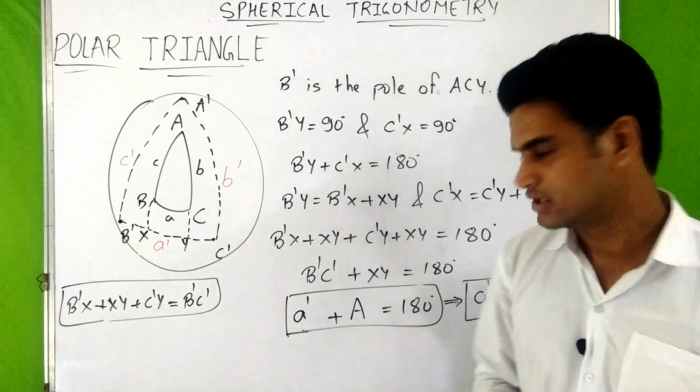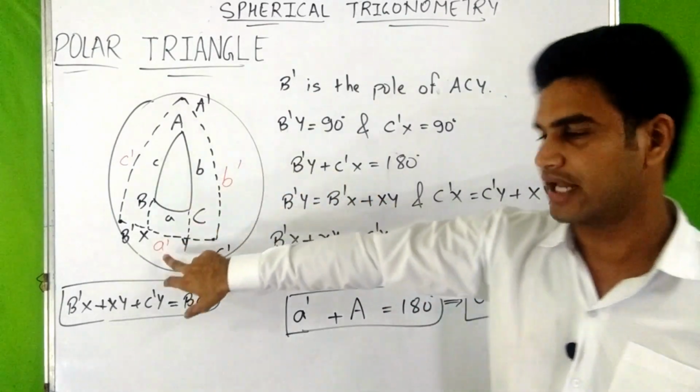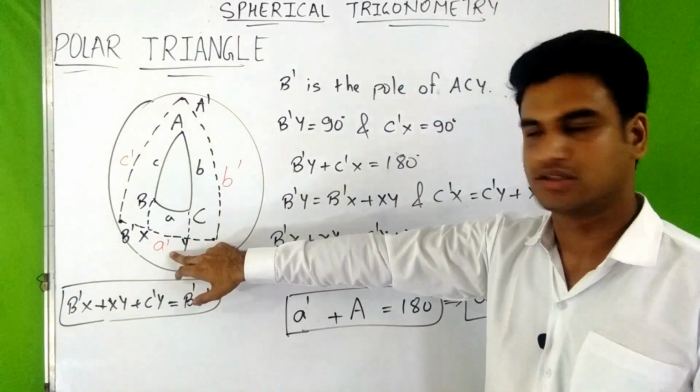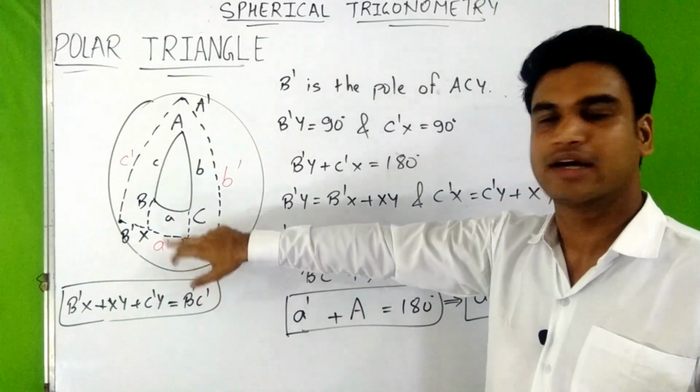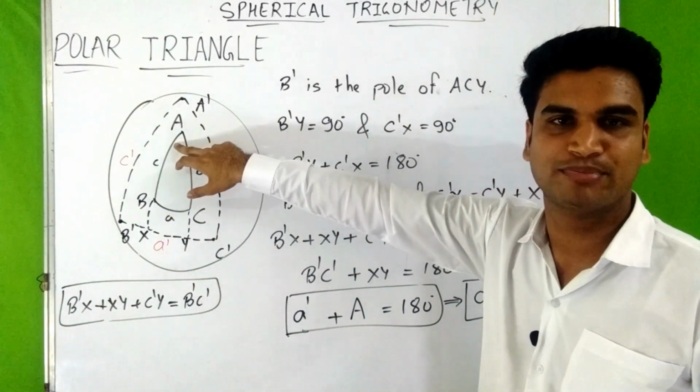The statement states that the side of a polar triangle is supplement of the corresponding angle of its primitive triangle.